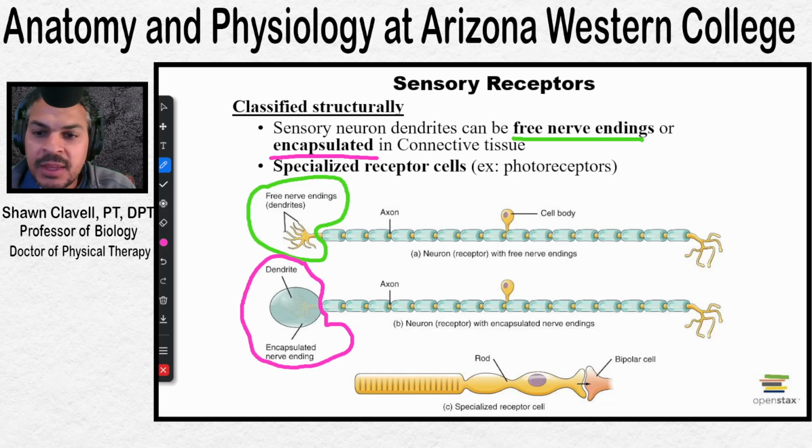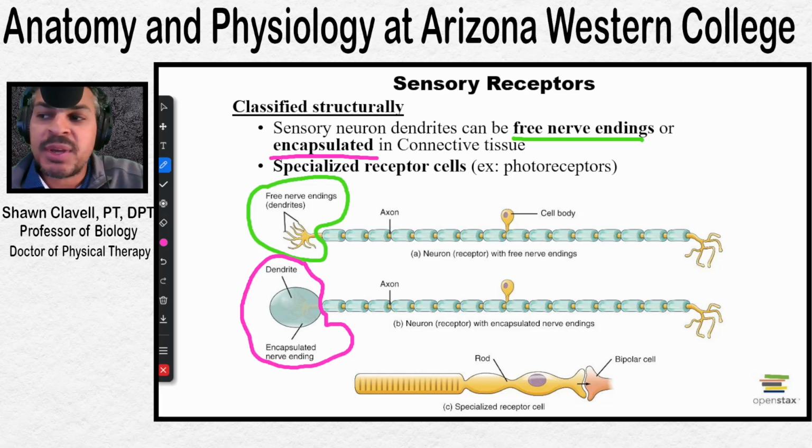And then finally, there are what's known as specialized receptors. Specialized receptors are ones that are responsible for particular stimuli. The example here on the bottom of your screen is a photoreceptor. This is something that is stimulated by light.